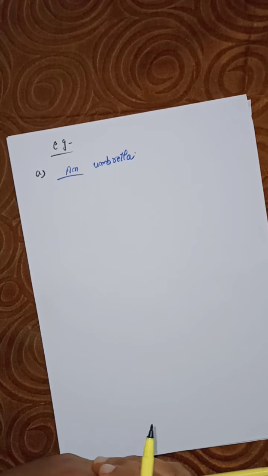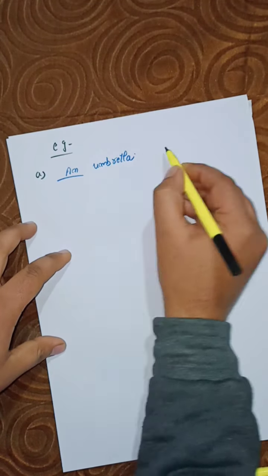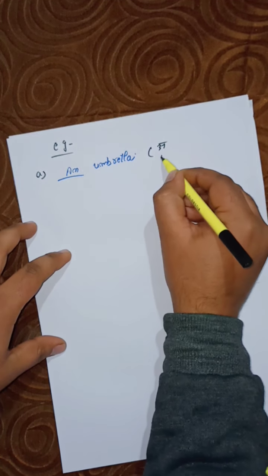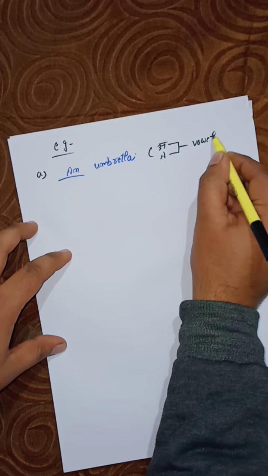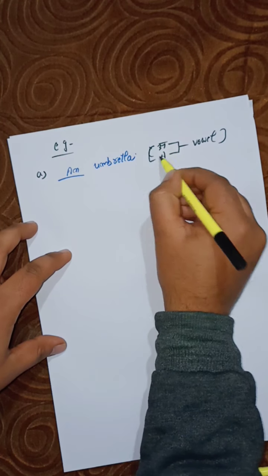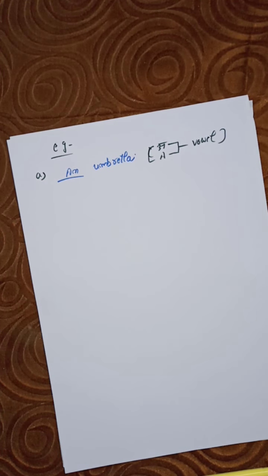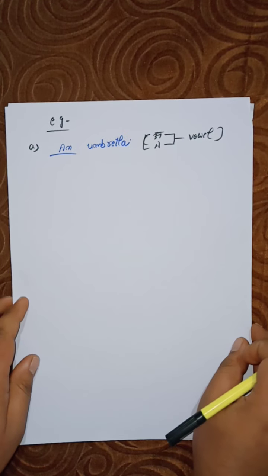Umbrella, in English, begins with a vowel sound. So according to our first rule, if the first sound of pronunciation of the word is a vowel, then we will use an.